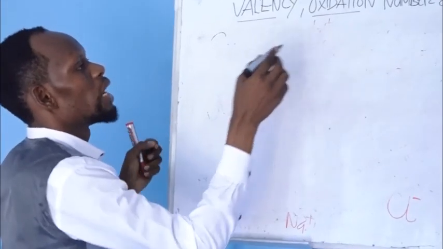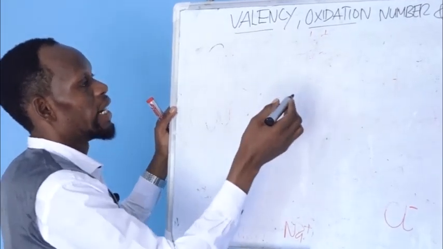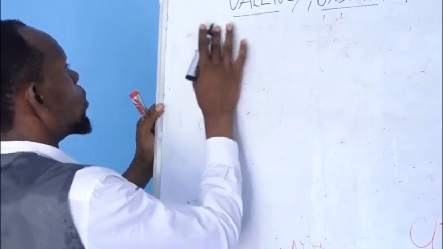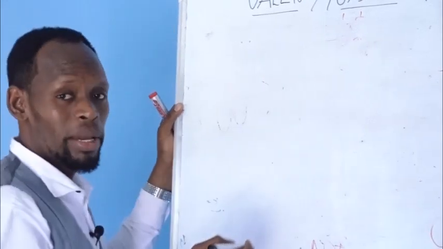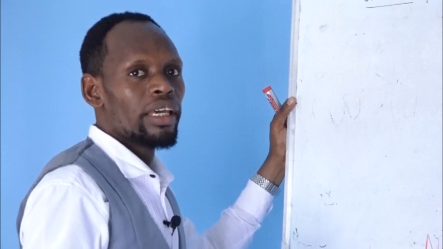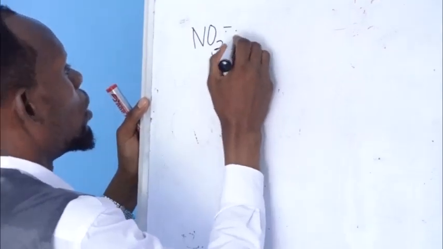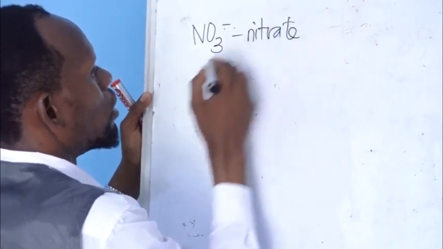Now about radicals. A radical is a group of elements which act like a single atom, or we can say a group of atoms. Here we have this one, called the nitrate ion.